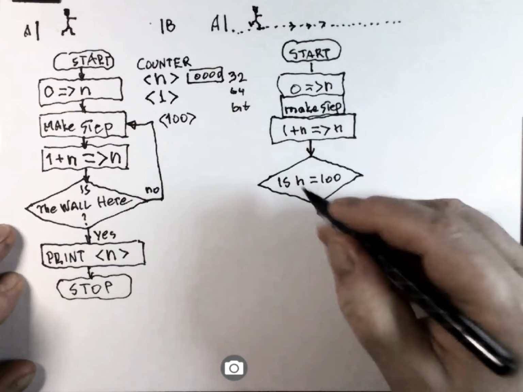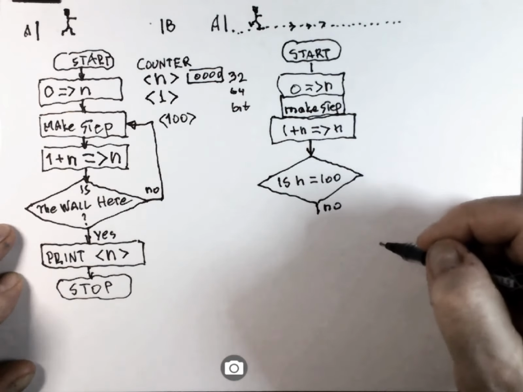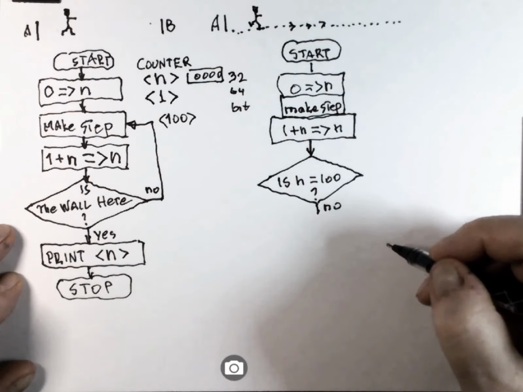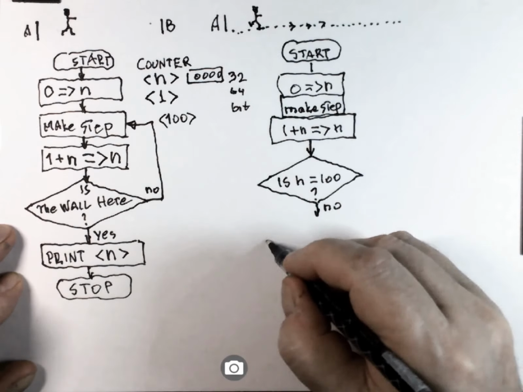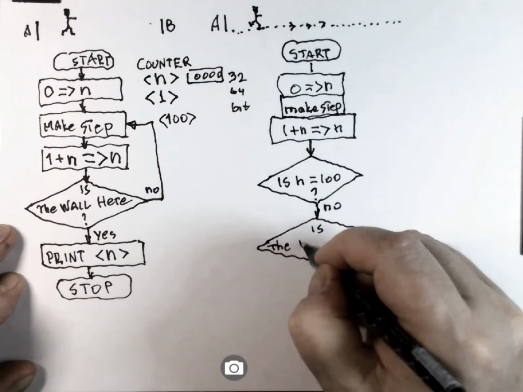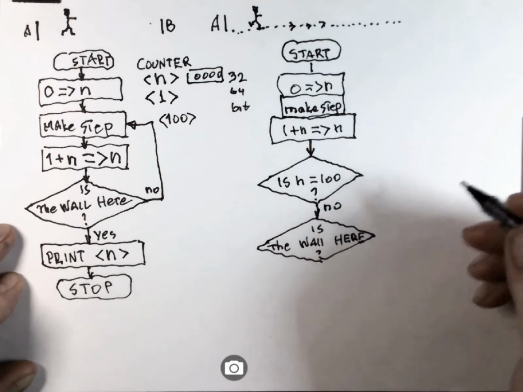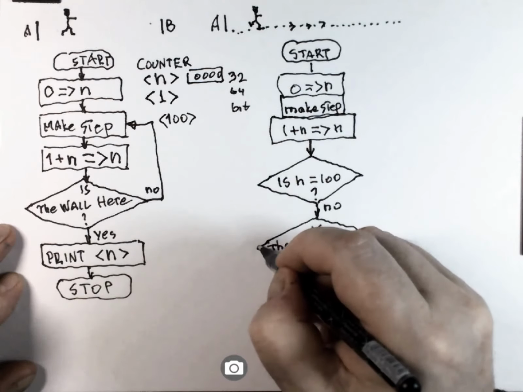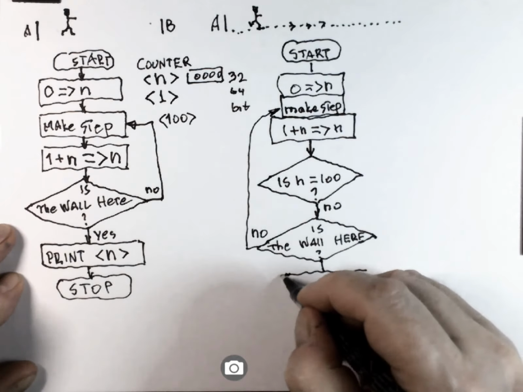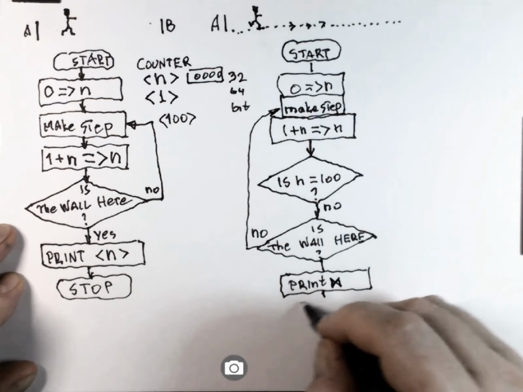No. So I don't know where we are, inside of the room or outside of the building. So if no, I need to go to check another logical check, is the wall here? And if no, I will go to make step. But if yes, I need to print n, and then stop.